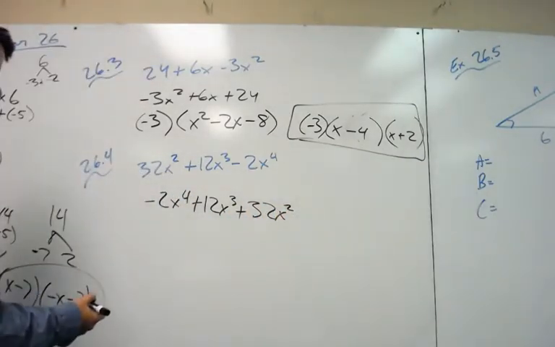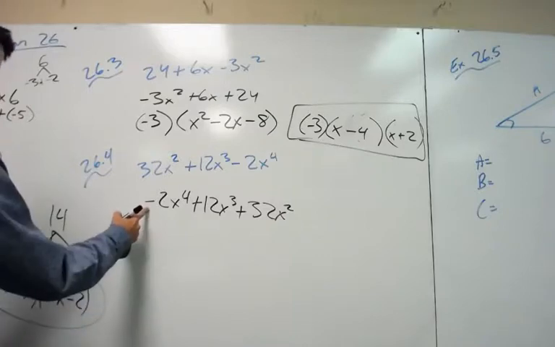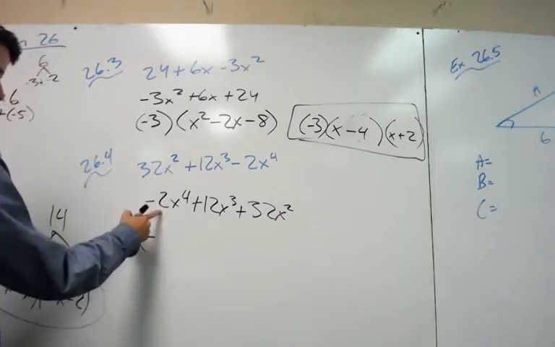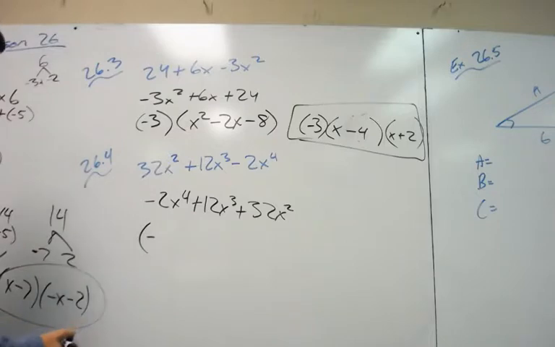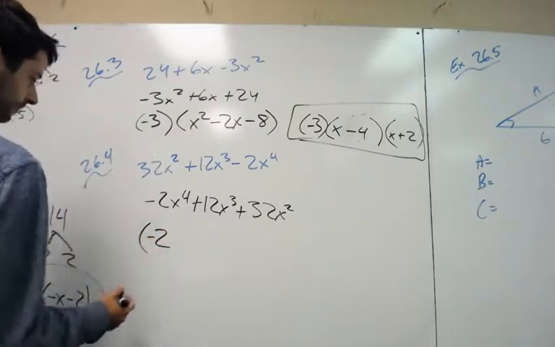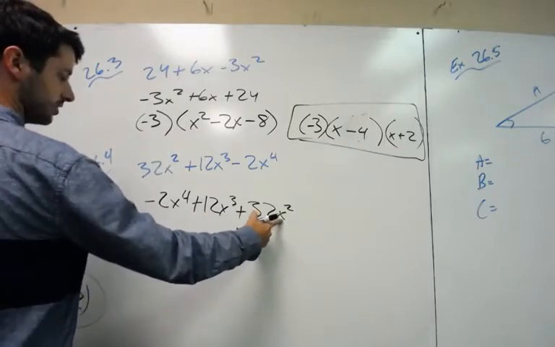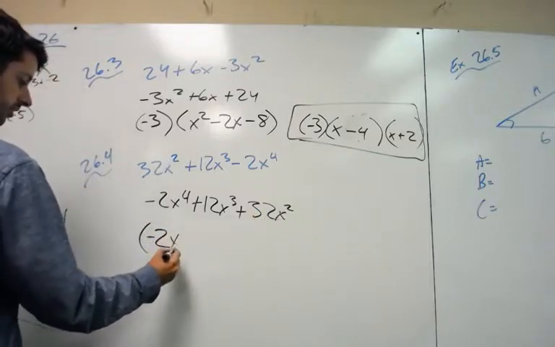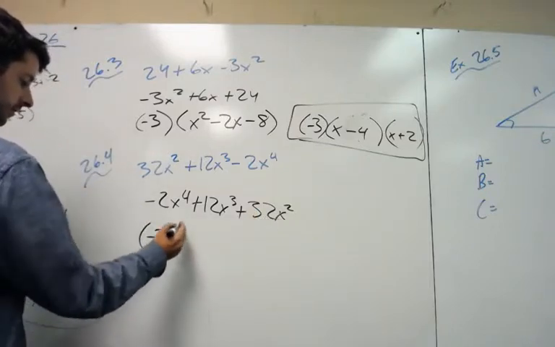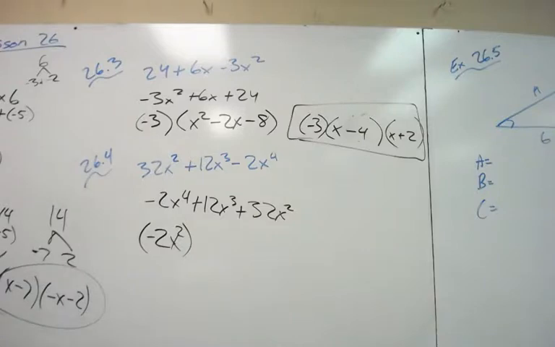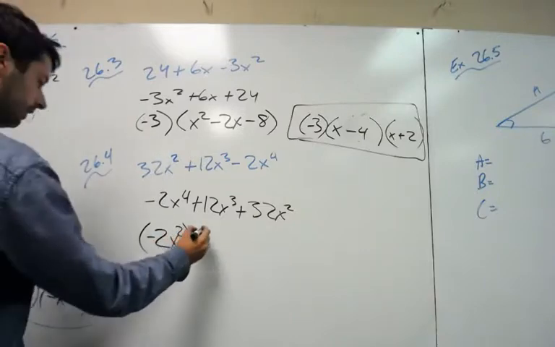What can we factor out? Want to factor out the negative. The 2 is divisible into all those, so we can take the 2 out. Now all of them have at least 2 x's, so we can factor out x squared. Negative 2x squared, we factored that whole thing out. What are we left with?